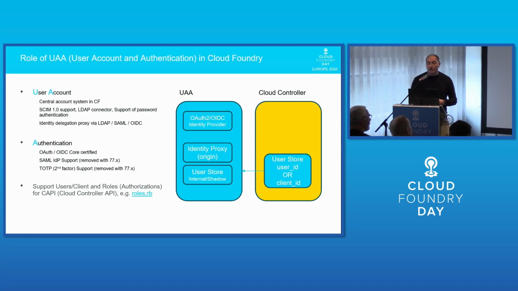It stores them, then controls them, and gives access to the CF management, which is the cloud controller. And the cloud controller then uses these authorizations to manage the orgs and spaces. You see here also some attributes, which are also typical for our part. Protocols describe the system. We support LDAP, SAML and OIDC.